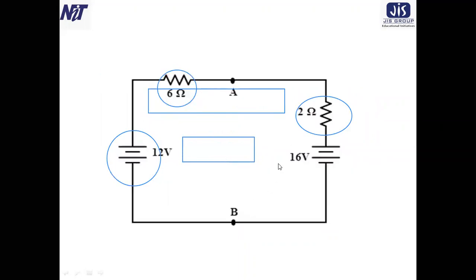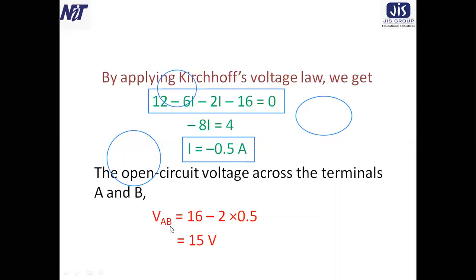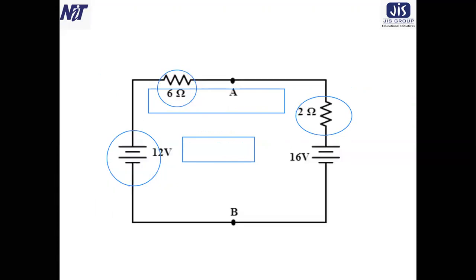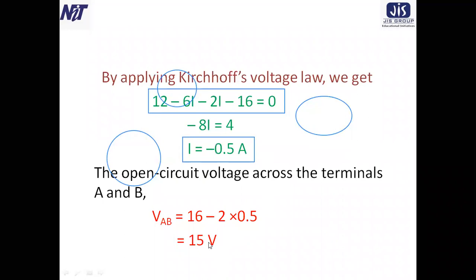The resistance here is 2, so 2 into 0.5, so the value is 16 minus 2 into 0.5. So VAB, the voltage across the open terminal from where we removed the load resistance, is equal to 15 volt.